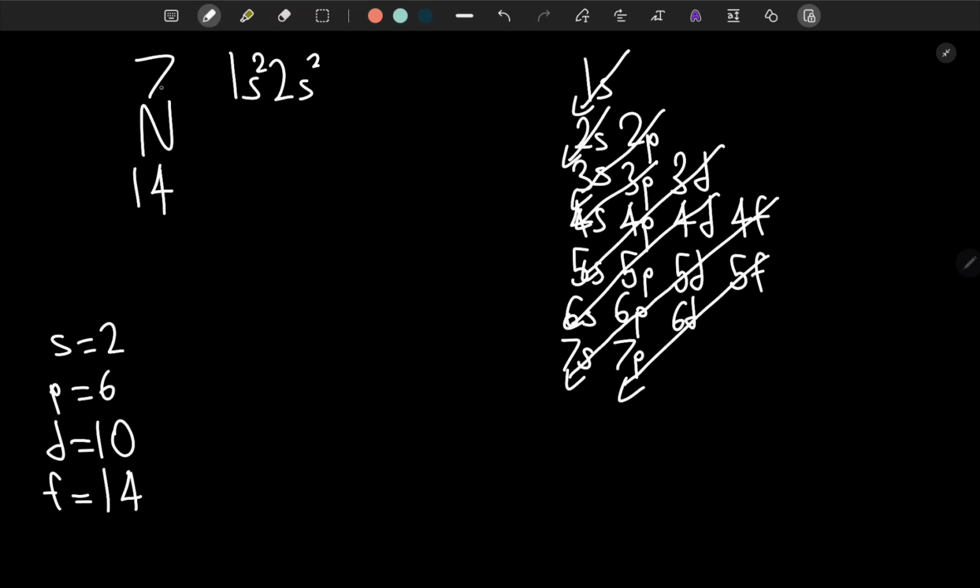So what is 7 minus 4? We are left with only 3 electrons, and P can contain 6, but we only need to use 3 more. So if we count these electrons up, 2 plus 2 plus 3, this gives you a total of 7, and this is the final answer.